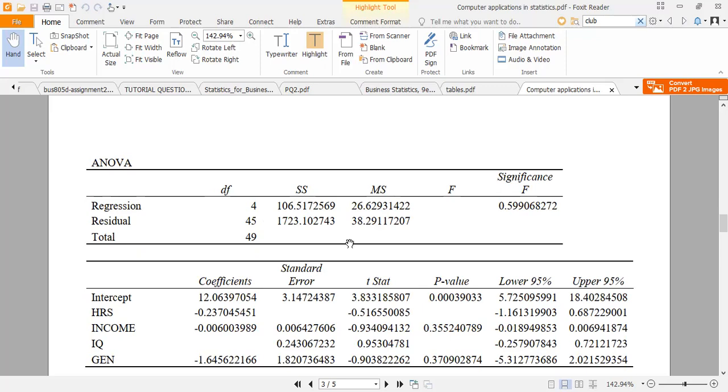This is the F statistics table, and the purpose of the F statistics, as I said in the teaching video, is to assess whether the R square is significant. Put in other words, it is used to assess the overall significance of the model. That is the purpose of the F test or the ANOVA test there.